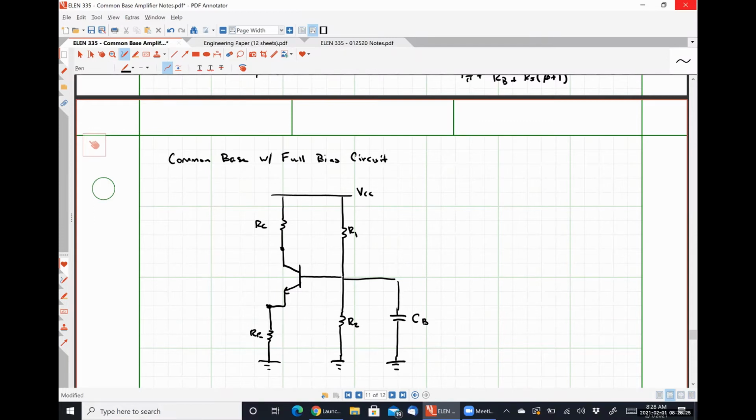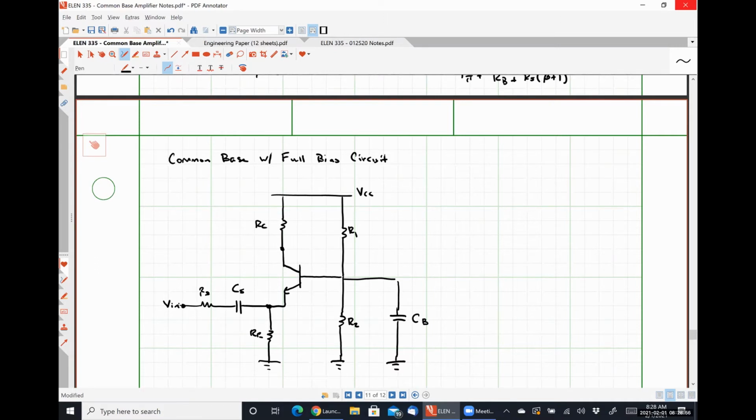On the source side of things, fairly straightforward. We put in a capacitor. Let's see. Like so. And so we're still going to see our source resistance. We really can't get away from that.